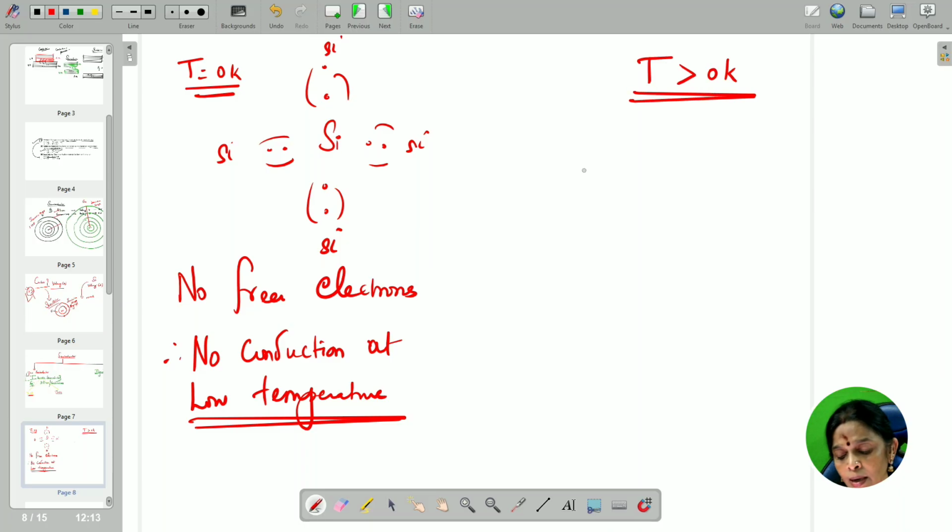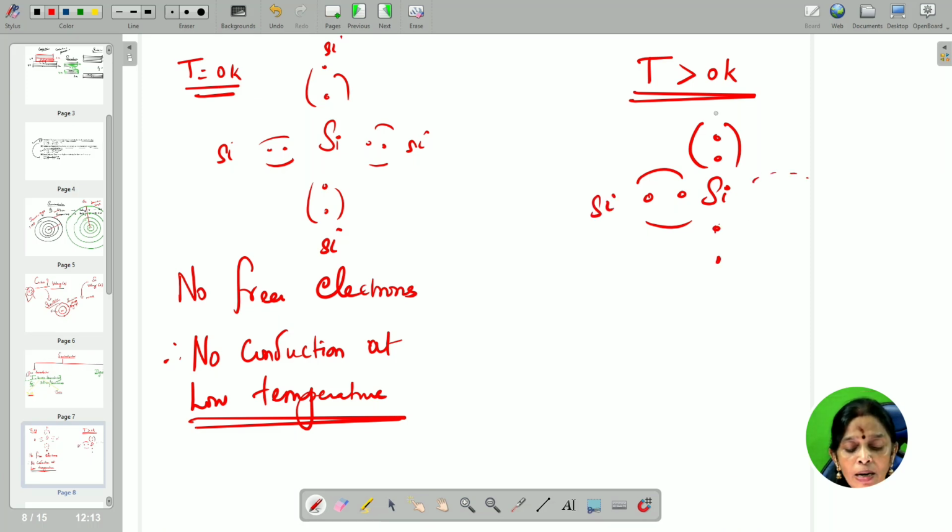What is happening at T greater than 0 Kelvin? It forms a covalent bond with the adjacent silicon atom. But though it is forming a covalent bond with the adjacent silicon atom, something very interesting happens due to this higher temperature.